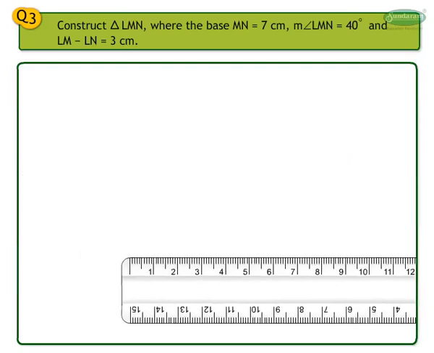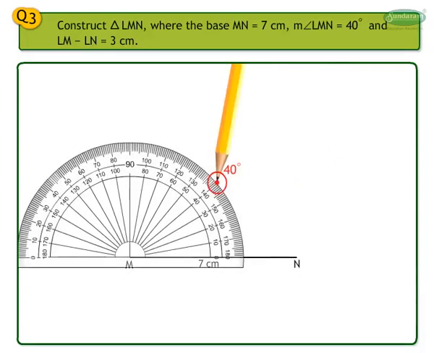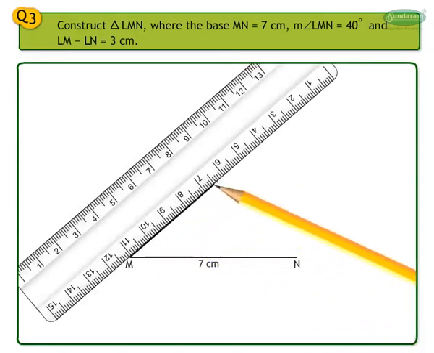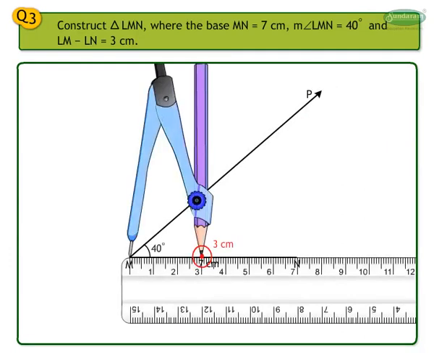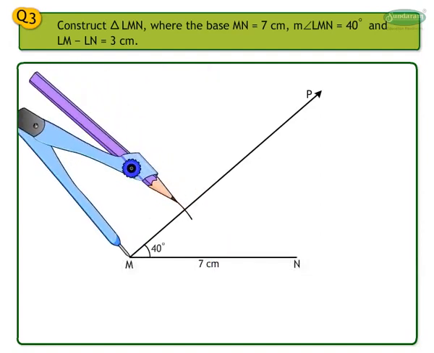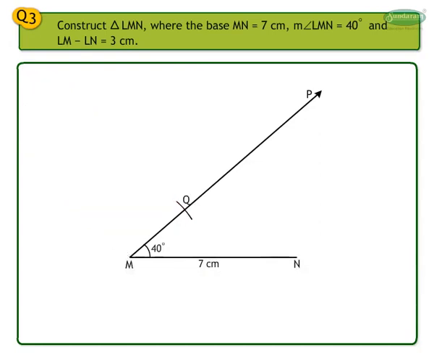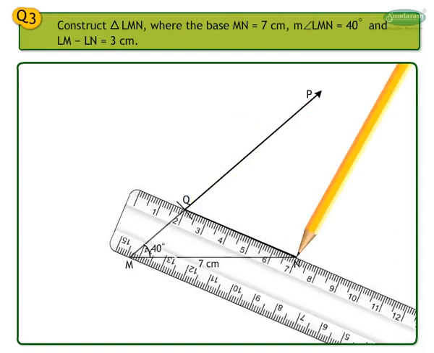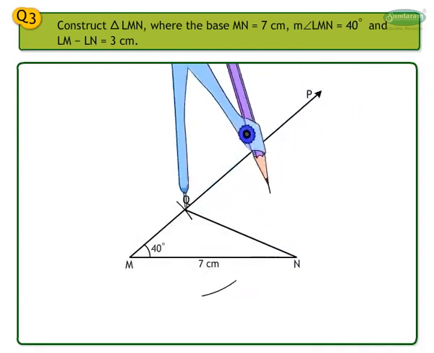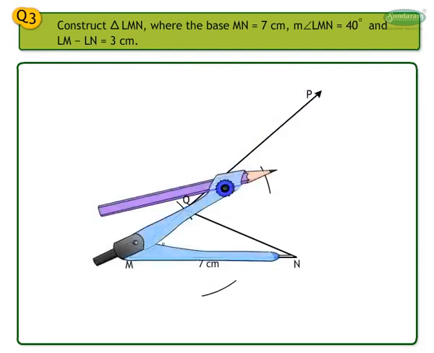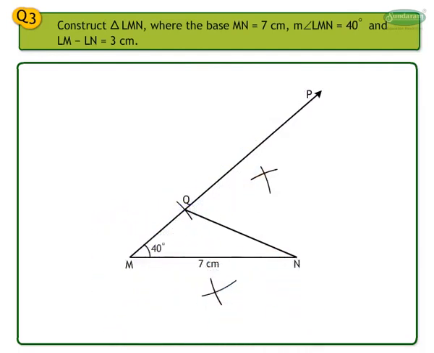Draw segment MN of the length 7 centimeters. Draw ray MP such that measure angle NMP is equal to 40 degrees. Take M as center and with 3 centimeters radius, draw an arc intersecting ray MP at point Q. Join points Q and N. Take Q and N as centers and with more than half length QN as radius, draw two intersecting arcs above and below the segment QN.